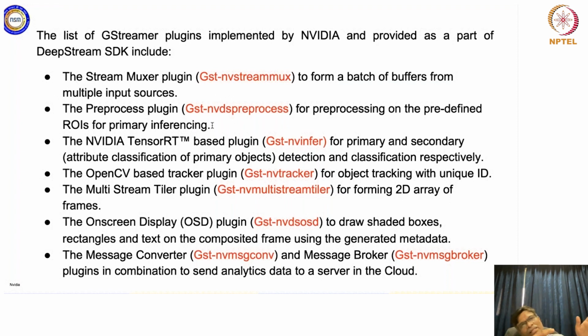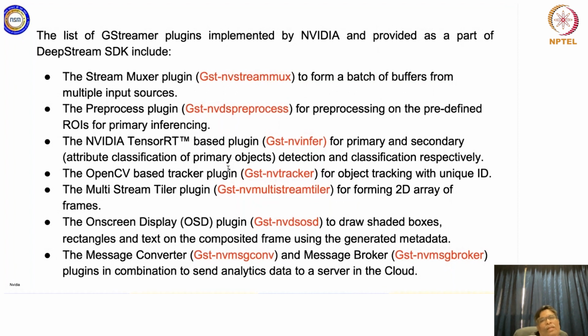As in the previous session, we saw that we wanted to actually have the image of the center of the screen, right? So we cropped it from the center. So that was our region of interest. So region of interest can change, right? So the region of interest has to be selected. So we can use this preprocess plugin for the same.